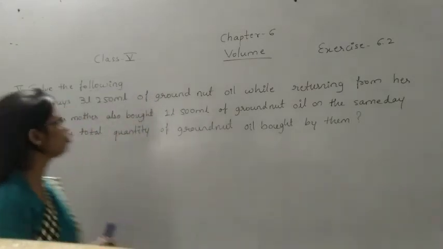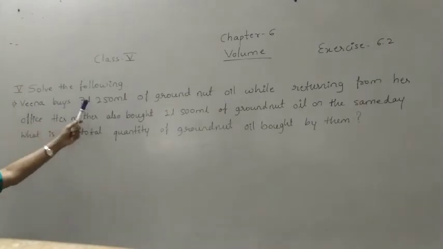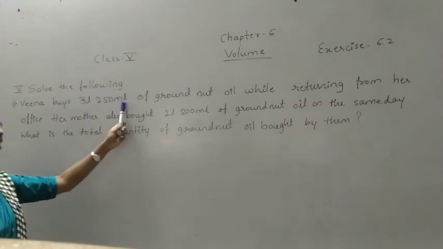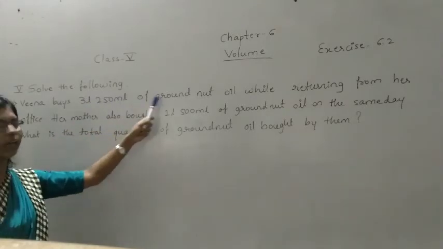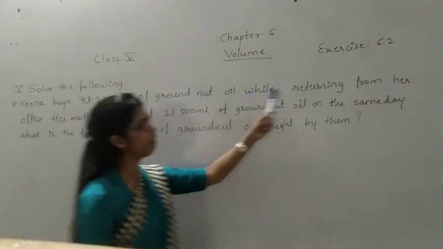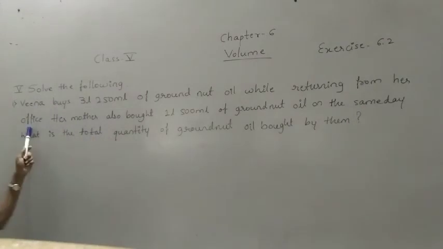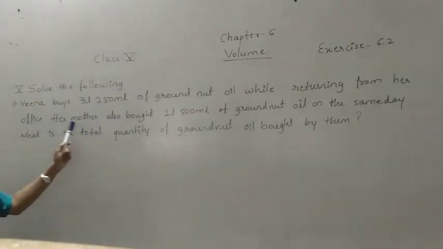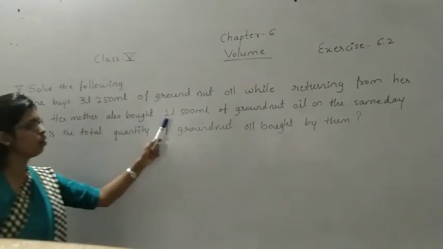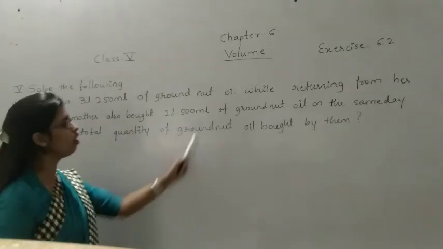Veena buys 3 liter 250 milliliter of groundnut oil. While returning from her office, her mother also bought 1 liter 500 milliliter of groundnut oil on the same day.